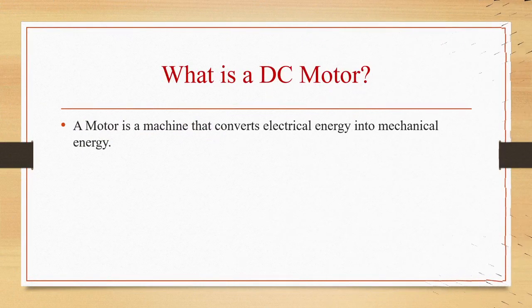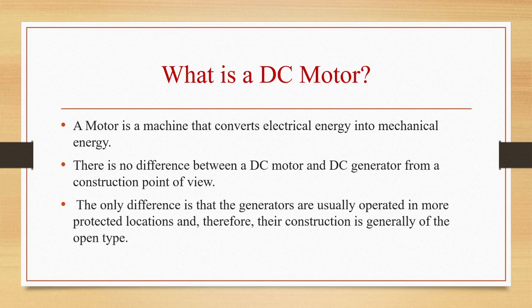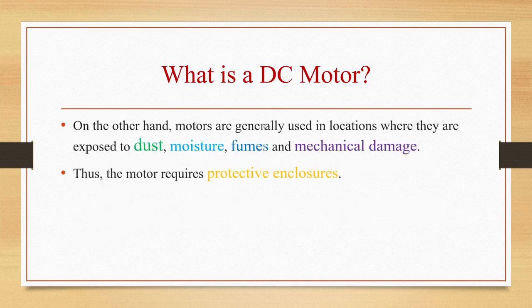What is a DC motor or a motor? Motor is a machine which converts electrical energy into mechanical energy, and there is no difference between the construction of a DC motor and DC generator, but only one difference is there. Construction of DC generators is open type because they are operated in more protected locations.